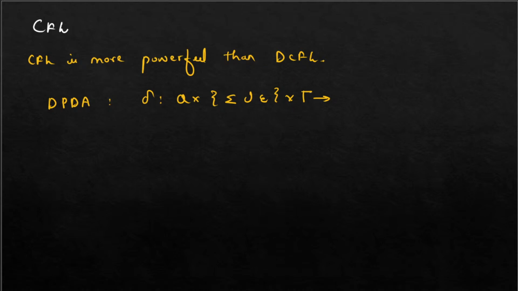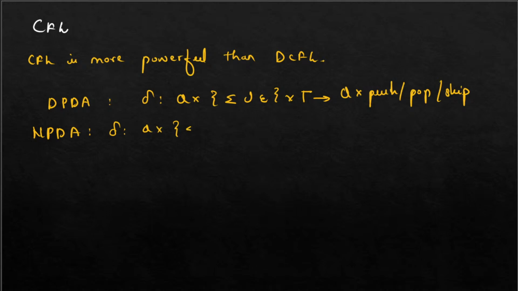It looks like T but it's not. So Q into Γ, we can perform push, we can perform pop, we can perform skip. The operations are like this. NPDA: Q into Γ, two to the power Q, push, pop, skip.